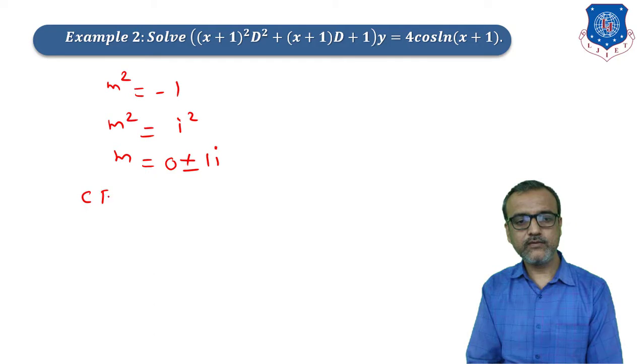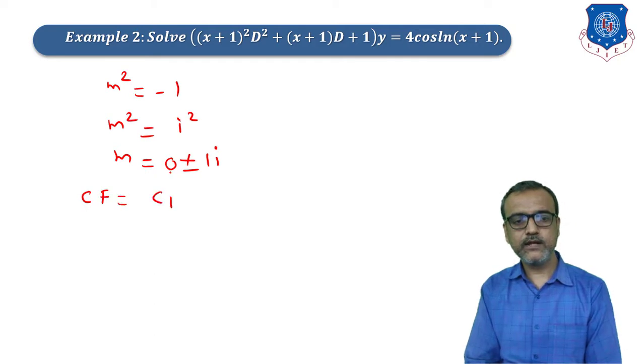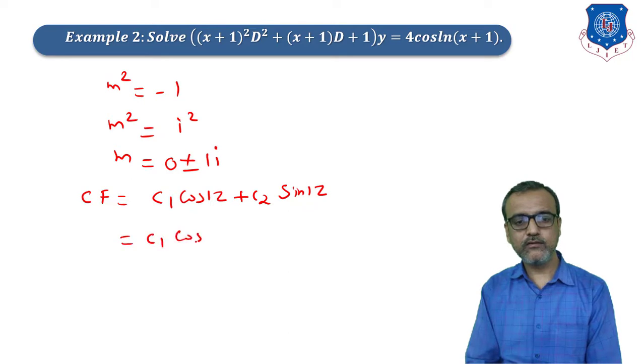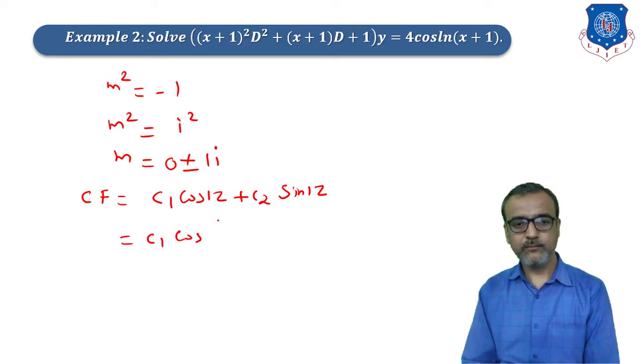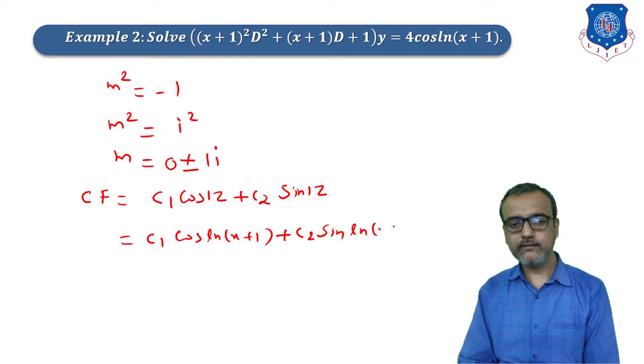So CF equals C1 e raised to 0z, but e raised to 0z is 1, so no need to write it down, cosine of 1z, plus C2 e raised to 0z is 1, sine of 1z. So this is equals to C1 cosine of, replacing z by ln (x plus 1), plus C2 sine, replacing z by ln (x plus 1).